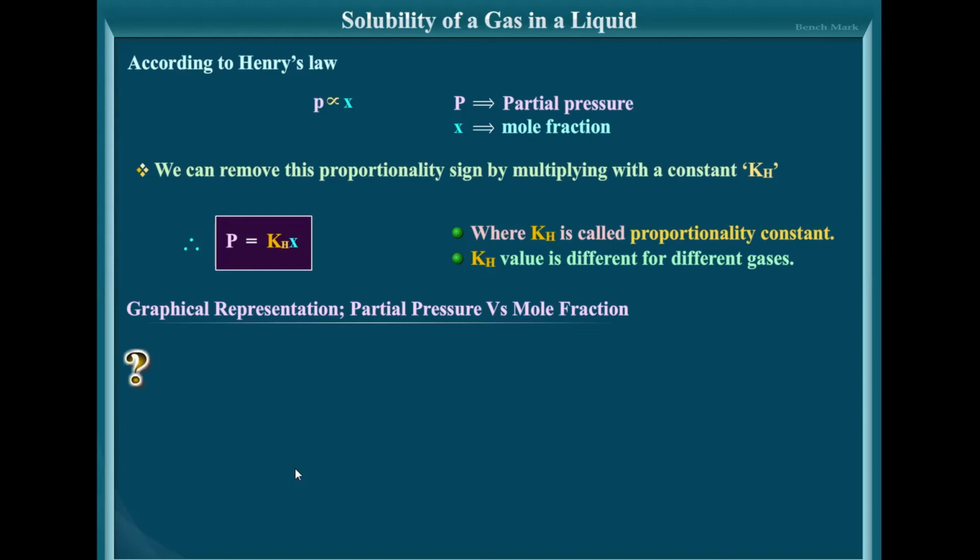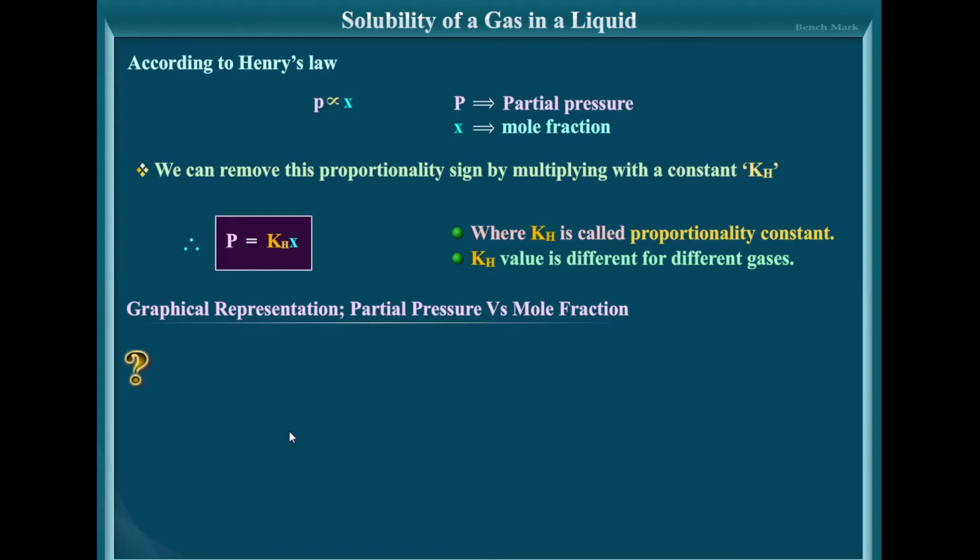The dissolving of gases in a solvent is an exothermic process. As it is exothermic, as the temperature increases, the solubility decreases. A very important point to be noted.